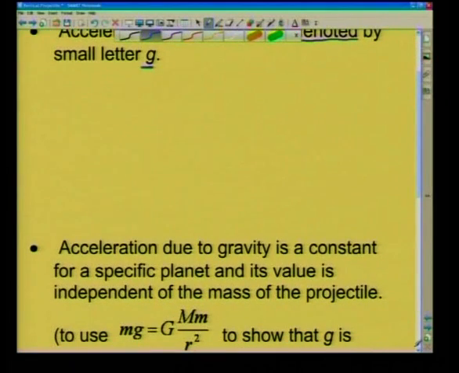All right. Now, acceleration due to gravity is a constant. Now, what is a constant? A constant is something that does not change. So acceleration due to gravity does not change. It remains the same.